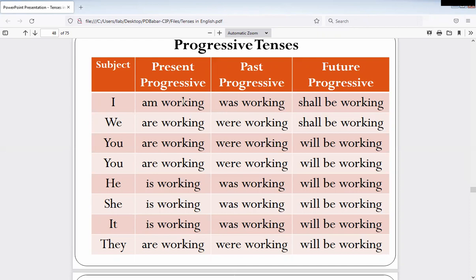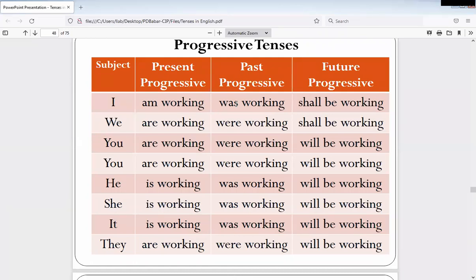This is the past progressive. The action was continuous, but it was going on in the past. That's why we use past progressive.